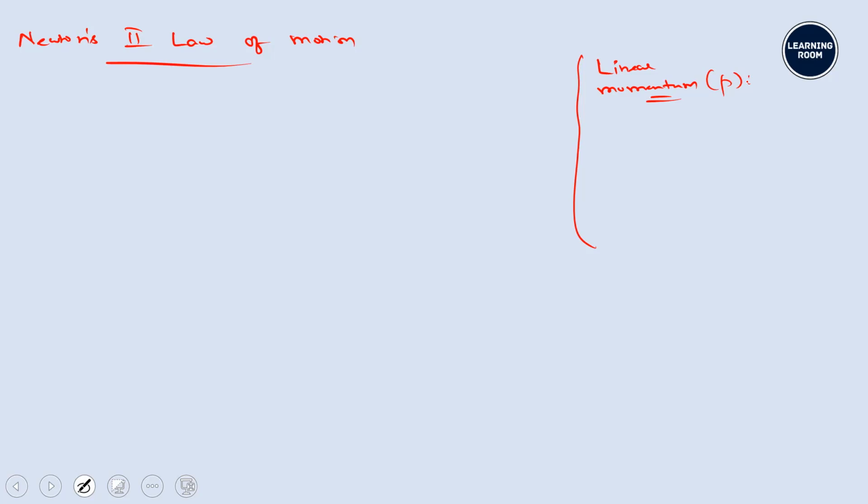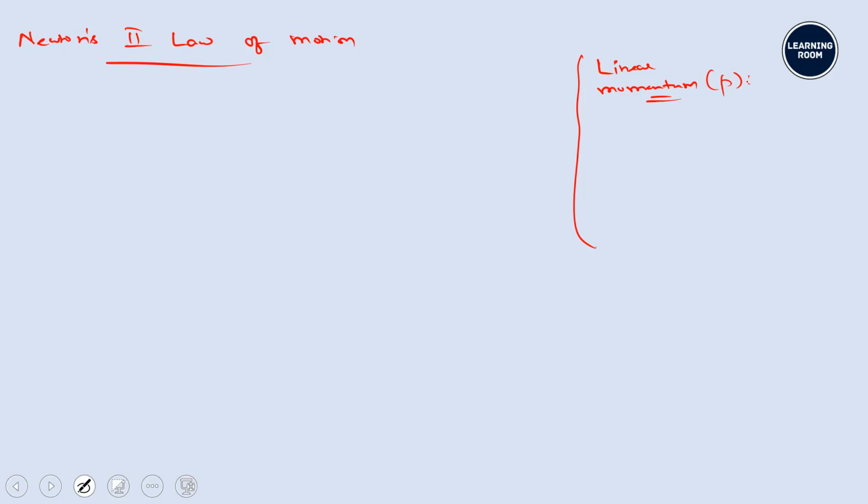It is not a derivation, it is just a definition. Any object with mass given a velocity, the product of mass and velocity of the object is going to give you the linear momentum.